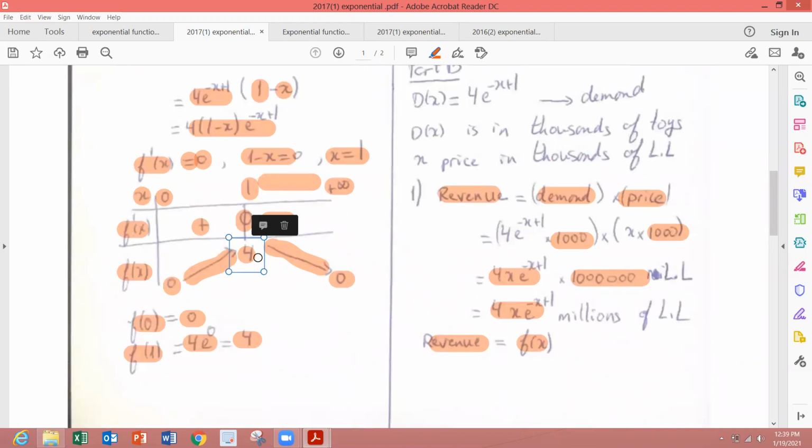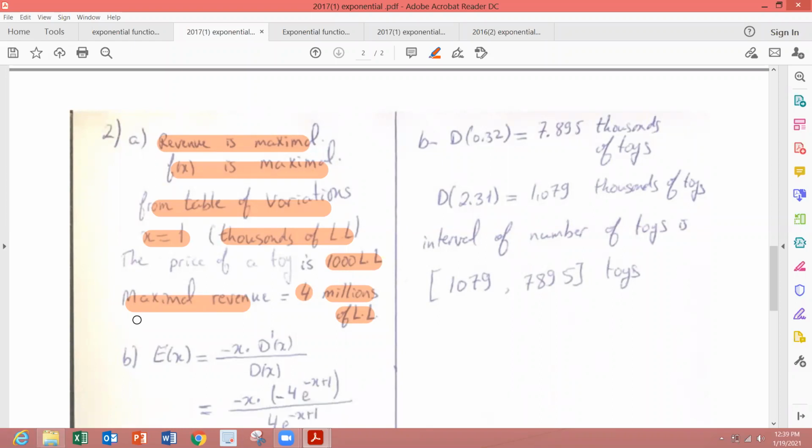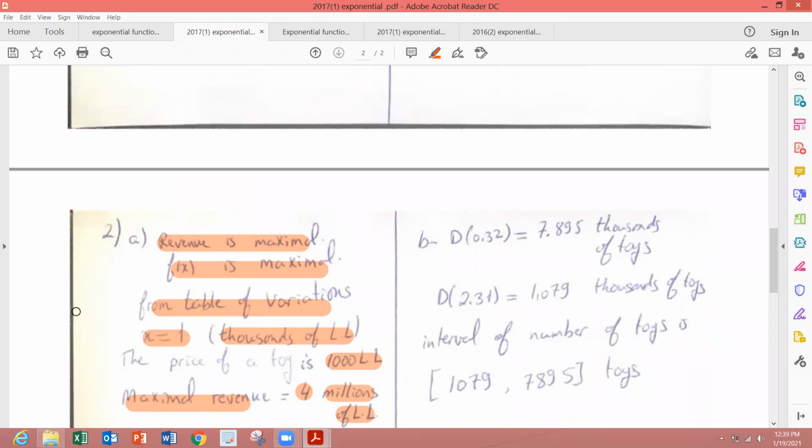The maximal revenue is 4 millions of Lebanese lira. Please, any question before continuing? No.